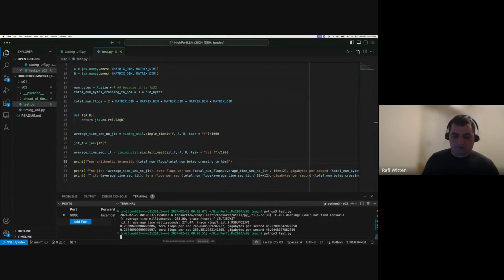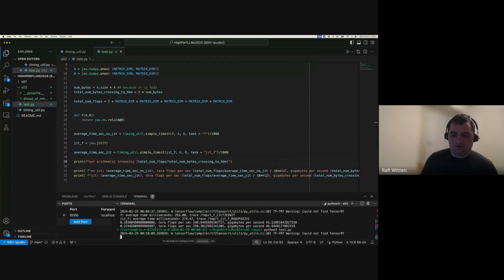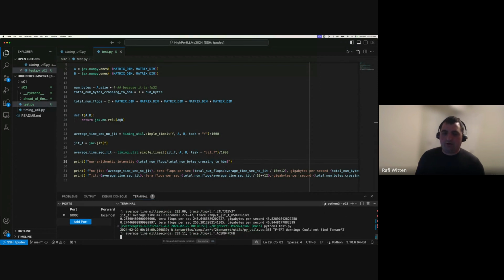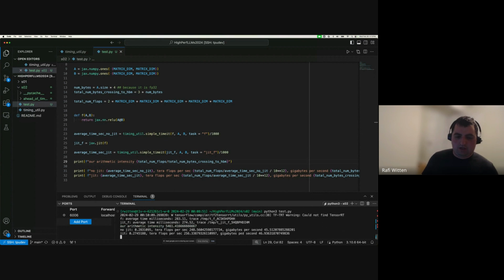What this is telling us is that for every byte, we have to do 5,461 floating point operations.